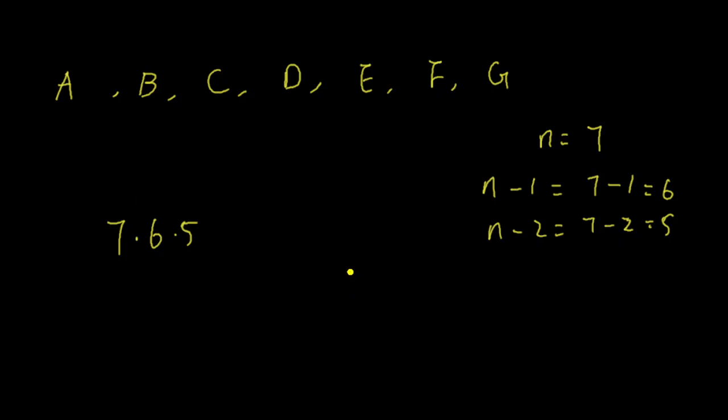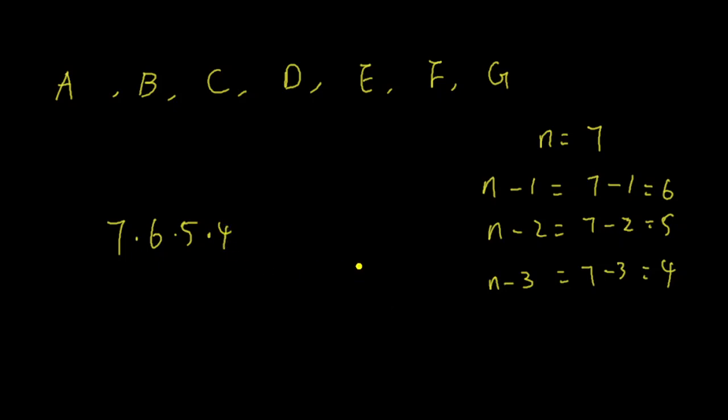Okay, then after you pick 3 letters already, for the next one you want to arrange, how many choices do you have left to pick? You have 4 choices left, correct? Because you already use up 3 letters out of 7 in total. So this is n minus 3, then times 4, right?